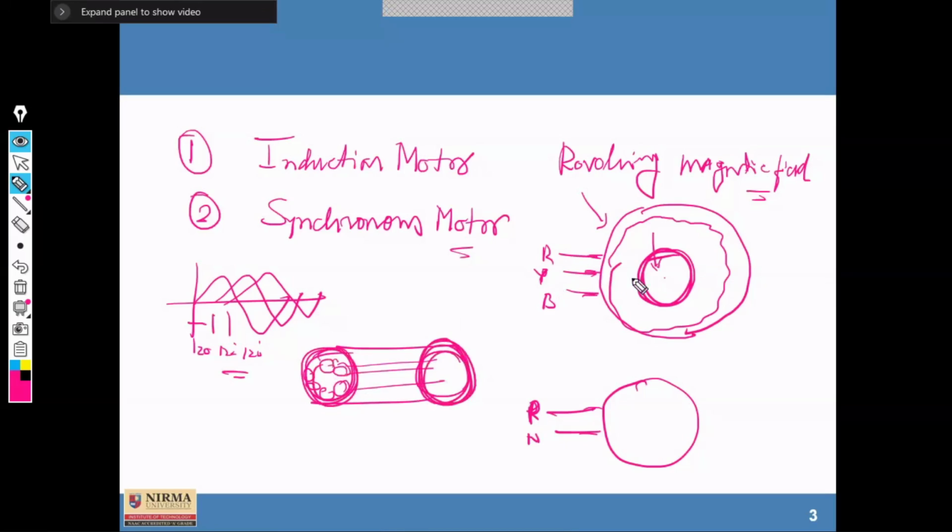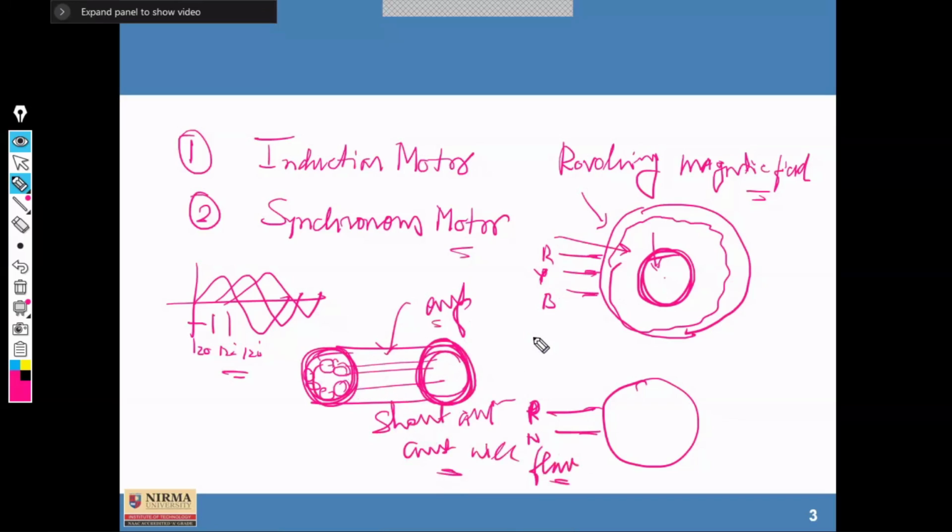So whenever, according to the law of electromagnetic induction, again EMF is going to be induced, and because of short circuiting of these conductors on the rotor circuitry, short circuit current will flow, and this short circuit current is a little higher.